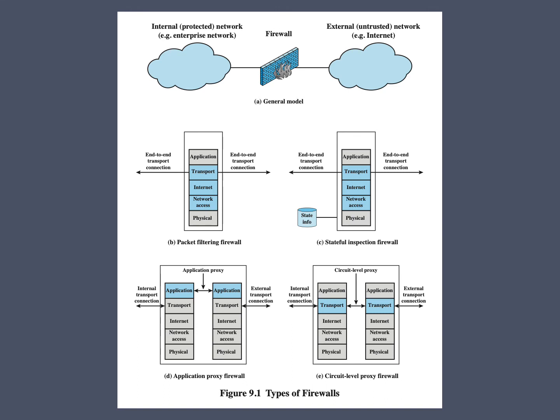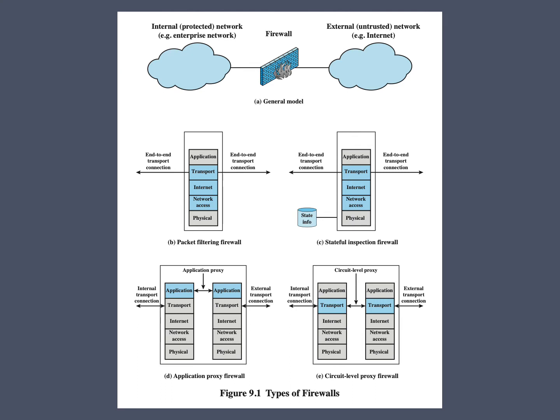The client will not make a direct connection to the application behind the firewall. The client makes a connection to a proxy, and then the proxy makes a connection to the server, and the server sends the data to the proxy, and the proxy then forwards the data to the client. Again, that slows down the traffic entering and leaving the network.